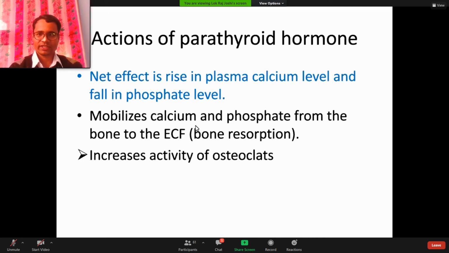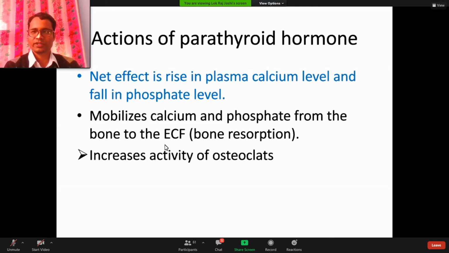The next one is the mechanisms by which it affects calcium level. One mechanism is at the level of the bone: it mobilizes calcium and phosphate from the bone to the extracellular fluid. It is called bone resorption, the opposite of bone deposition.